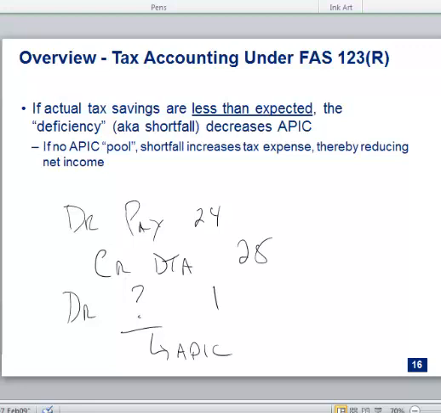And so in this situation, as they have shortfalls, they're going to have to write that off to provision. Okay. But when these rules first came out, all these companies were scrambling to calculate what their APIC pool was. But then, boy, you rarely hear about that because you fall into one of those two buckets, and then you either don't worry about it or it's a daily problem.